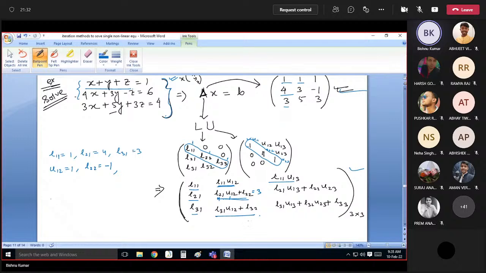This value is actually 5, isn't it? So L31, this is 3, and U12 is already calculated as 1. 3 into 1, 1 plus L32. Then how much is L32 coming? 3 into 1 means 3. L32 is 5 minus 3, means 2.